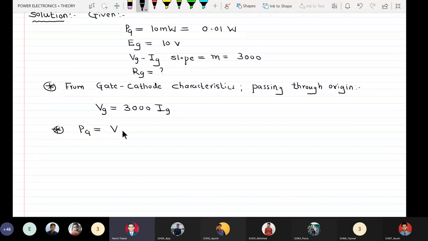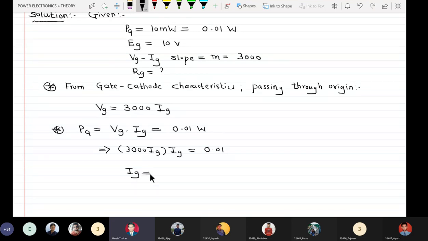Pg is equal to Vg into Ig, which is equal to 0.01 watt, which is equal to 3000 times Ig into Ig, equal to 0.01.